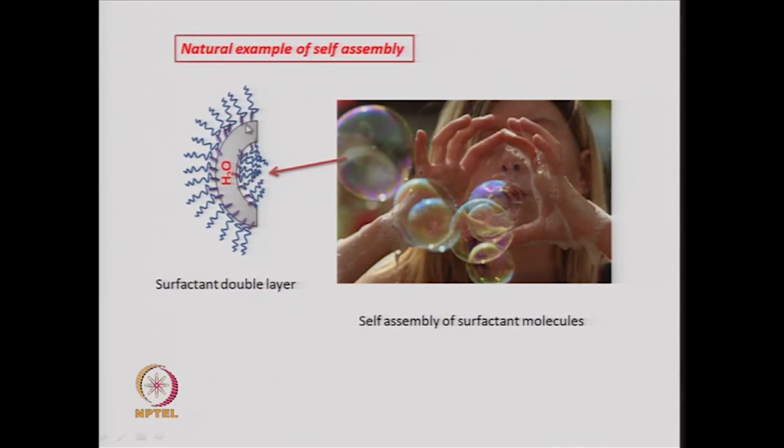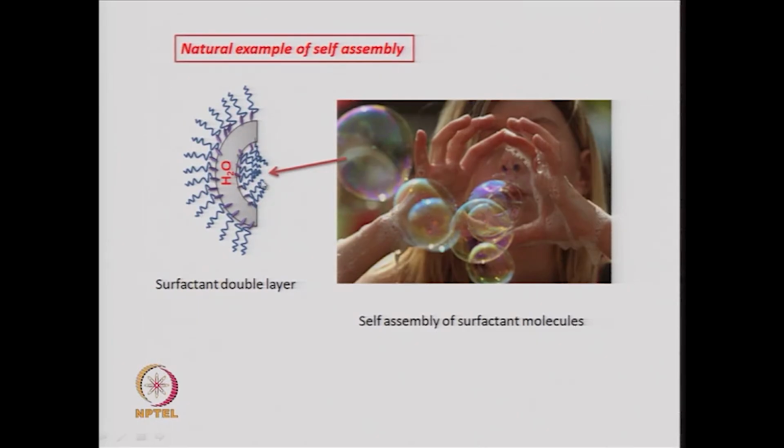Again, you have a thin layer of water and you have more surfactant molecules on the outer periphery of this water. So, you have two layers: an outer surfactant layer aggregated on top of the water molecules in a fashion that the polar head groups are close to the water surface. Similarly, you have an inner interface formed by an aggregate of the same surfactant molecules, and again the polar head groups are close to the water surface.